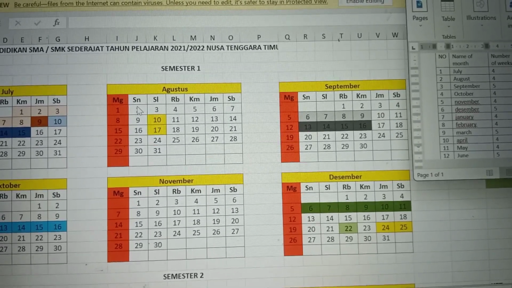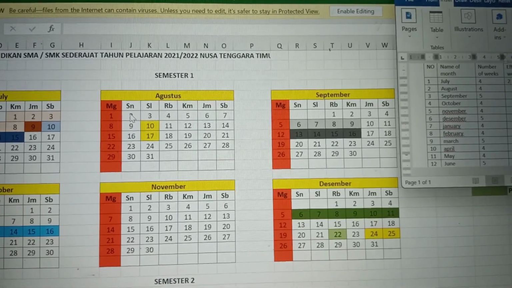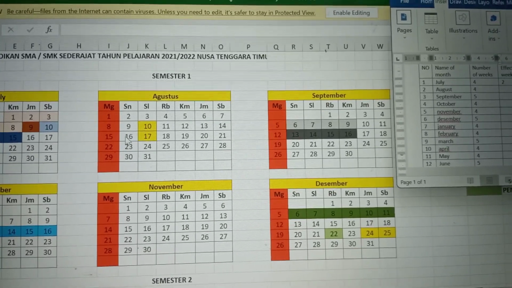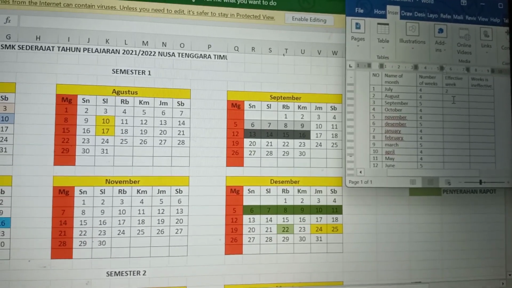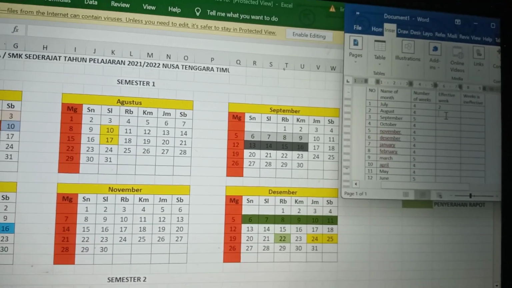So in August, the effective weeks is 1, 2, 3, 4. So let's write here 4.